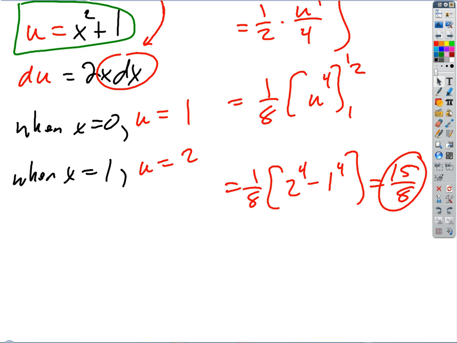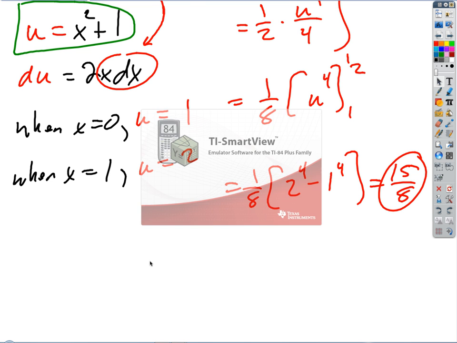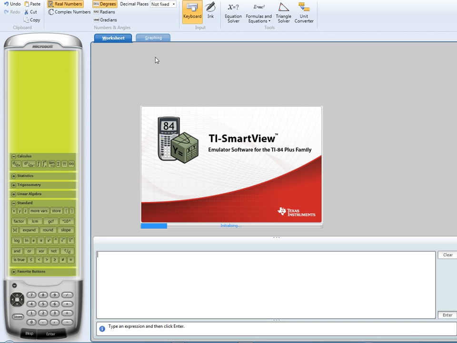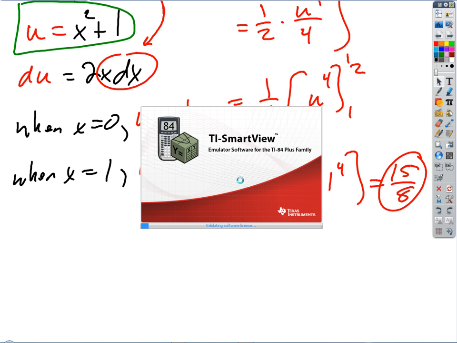I'm probably better just using the calculator. I don't know how to use this one very well. I haven't used it enough to do calculus, so I need to play with it a little bit.